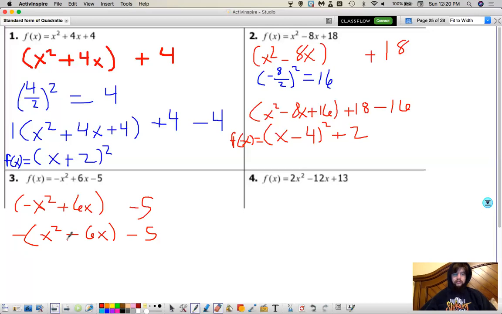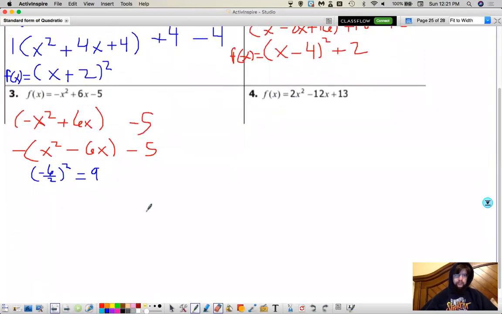Then you can figure out what c is. So -6 over 2 squared. That's still going to be 9. So I didn't change what it was because that was just a -1. On the next one, though, that'll change it.